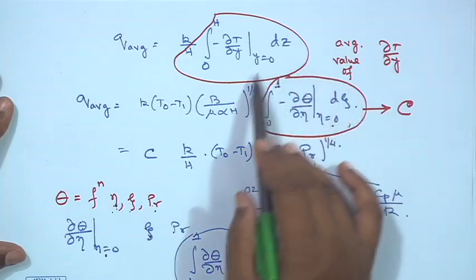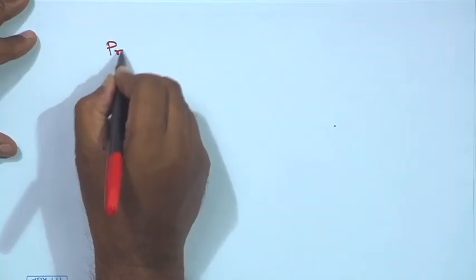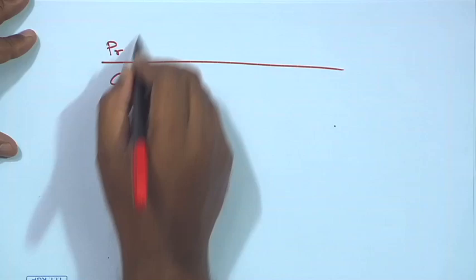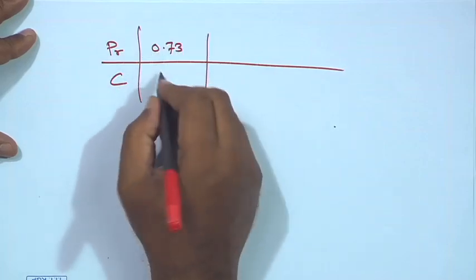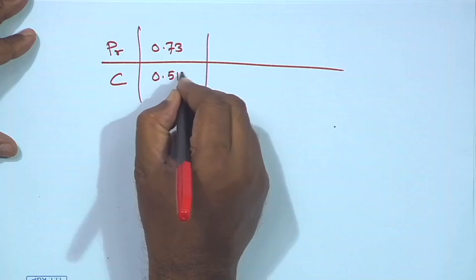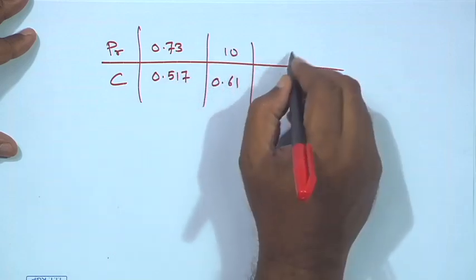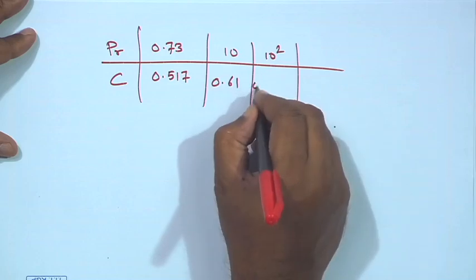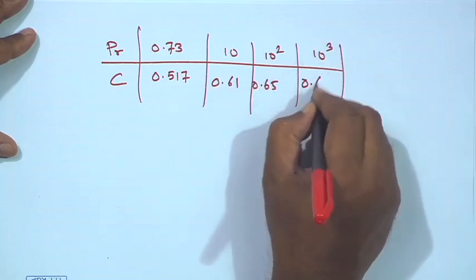So, we do not need to solve the equations, we just need to find the value of C. When the values of C were calculated experimentally for different Prandtl numbers, for Prandtl number 0.7 the value is 0.517, for 10 it is 0.61, for 10 square it is 0.65, and for 10 cube it is again 0.65.